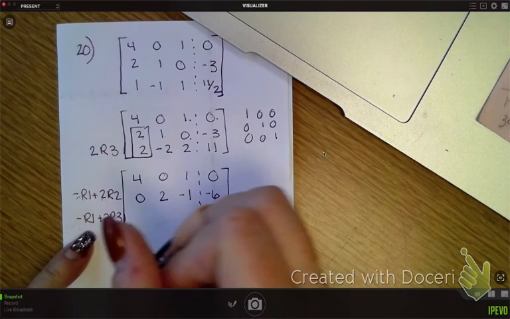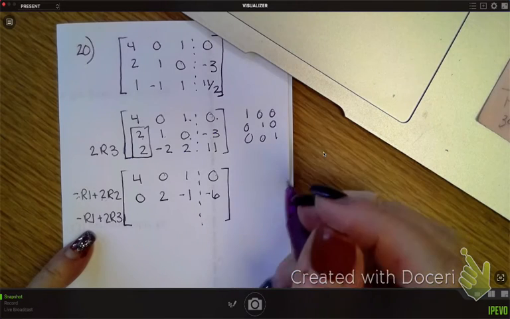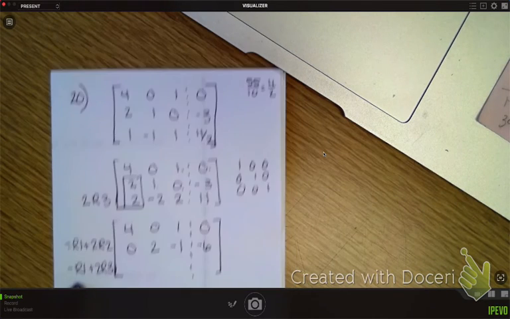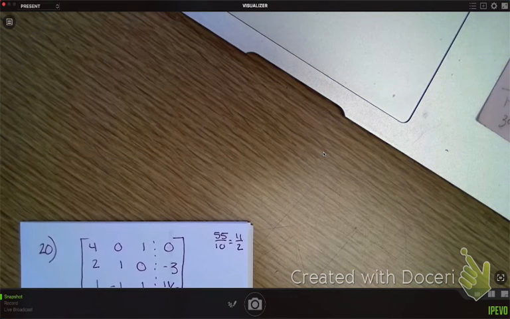Okay, now you guys try the next row. I'm going to pull mine down. This is where I say you do it and I'll do it.